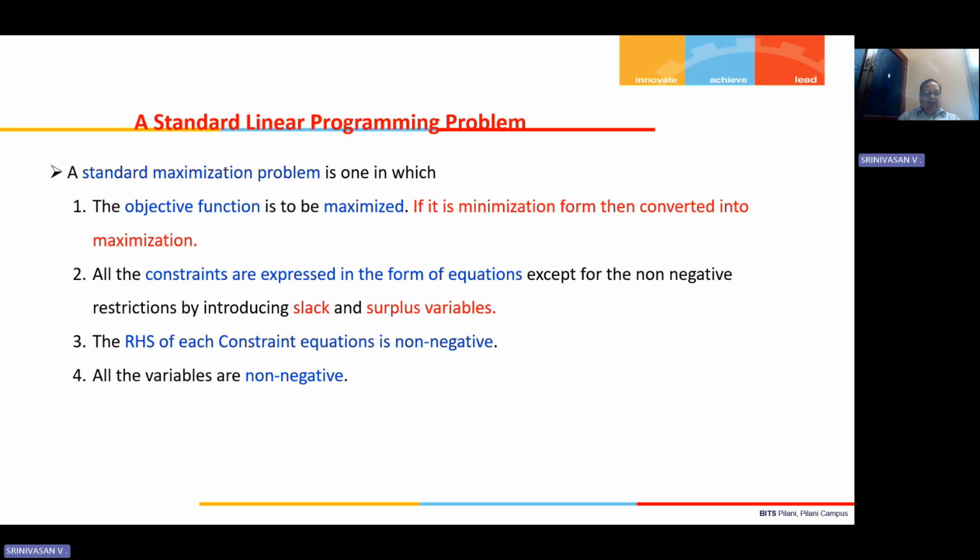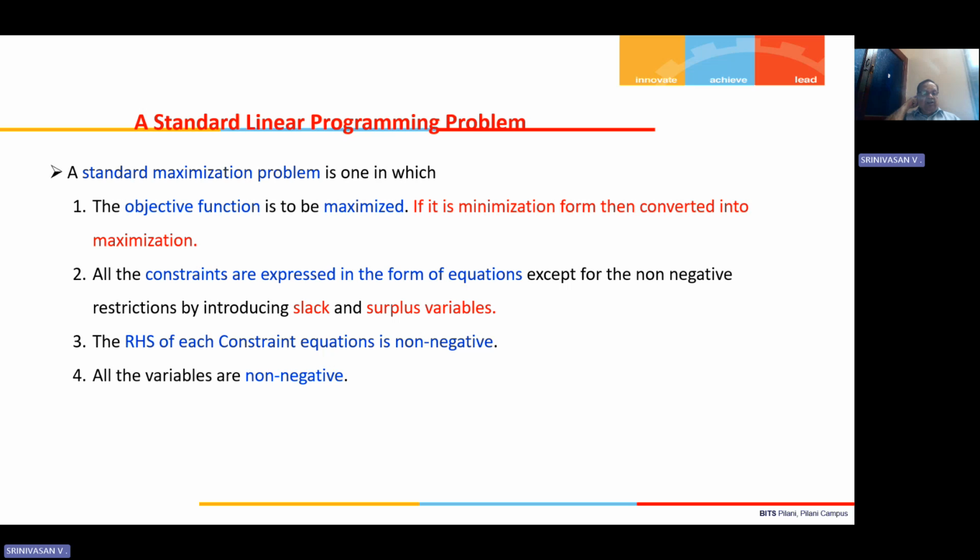Right. So this is what we again come back to, summarizing what an LPP looks like. What is its formulation? A standard maximization problem is one in which the objective function is to be maximized. If it is a minimization form, then it is converted into a maximization.